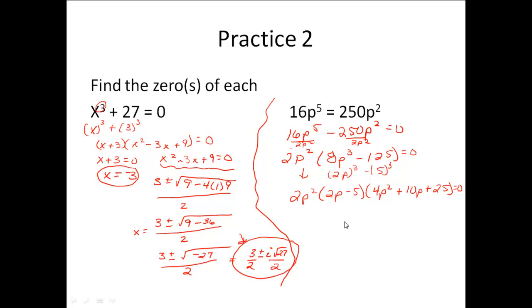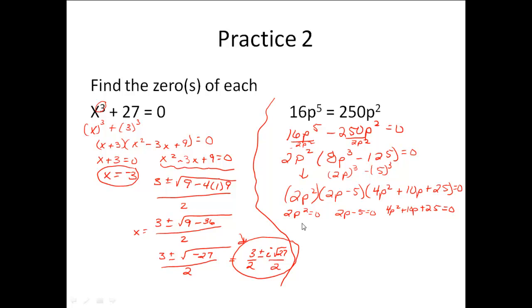That's still all set equal to 0. It's as far as I'm going to be able to factor it, so now I set each quantity equal to 0. 2p squared equals 0, 2p minus 5 equals 0, and 4p squared plus 10p plus 25 equals 0.